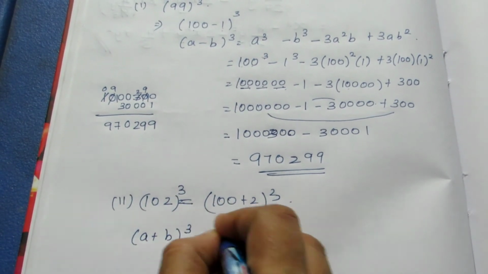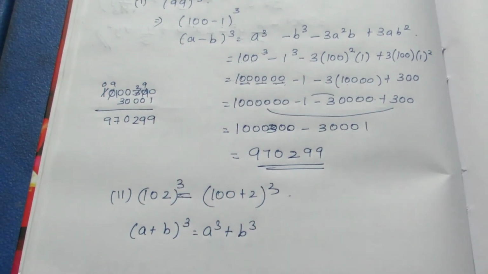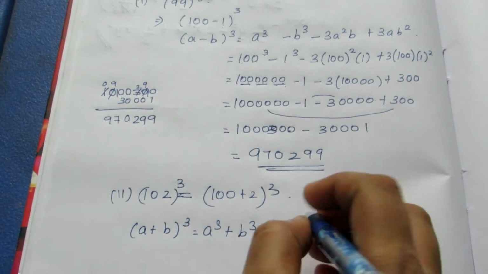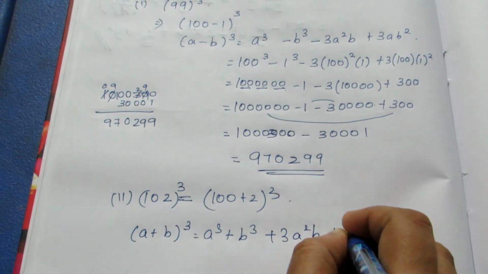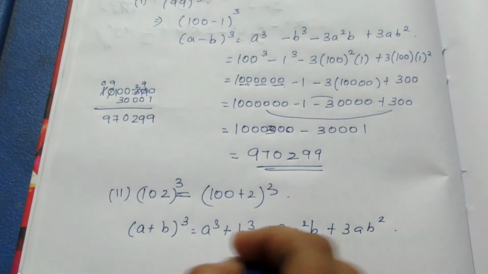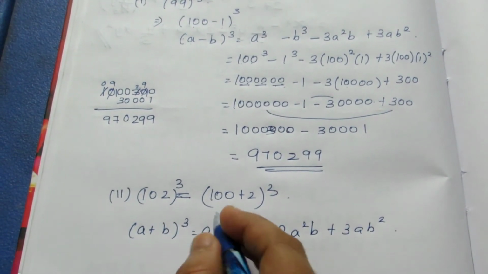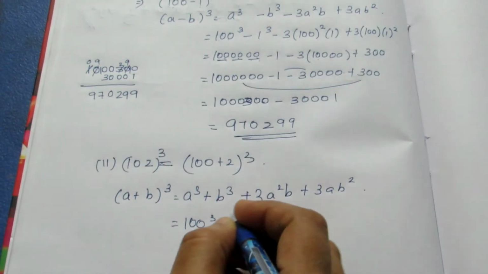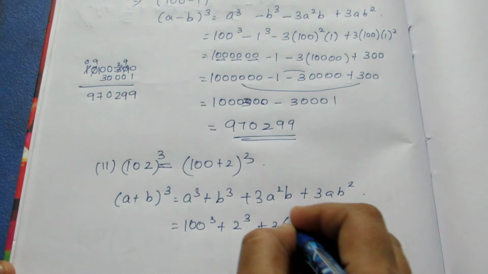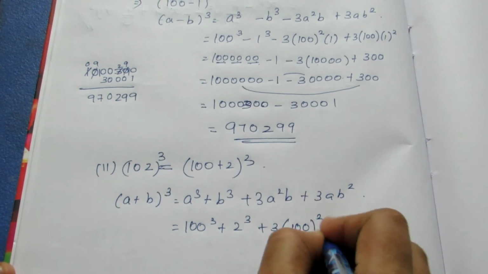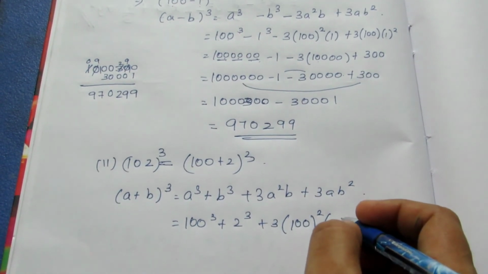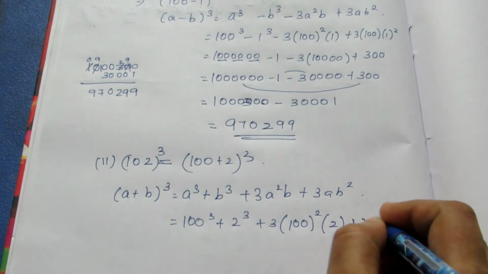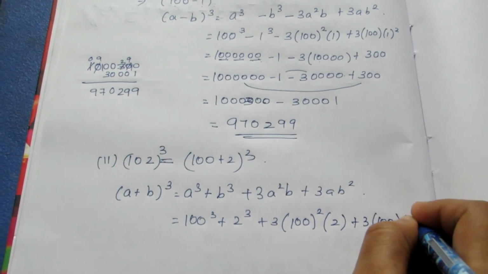It becomes a cube plus b cube plus 3a square b plus 3ab square. Instead of a we have 100, so 100 cube plus 2 cube plus 3 into 100 square. Wherever we get a, just substitute 100. Wherever you see b, just substitute 2. 3 into 100 into 2 square.